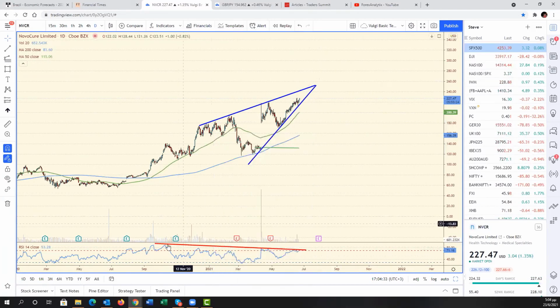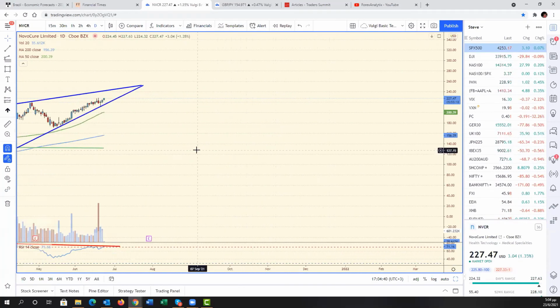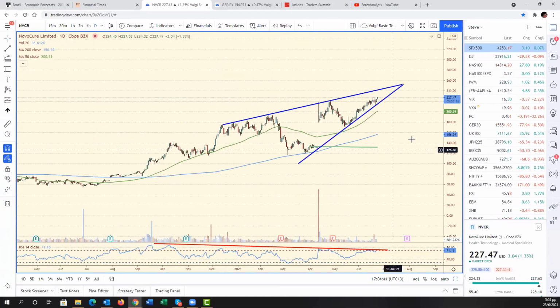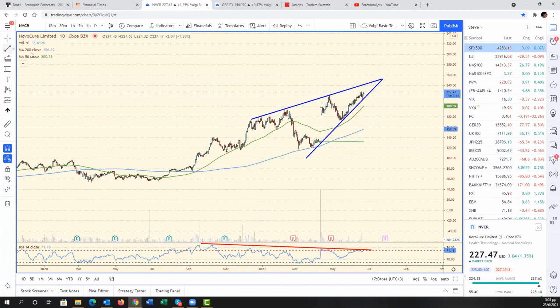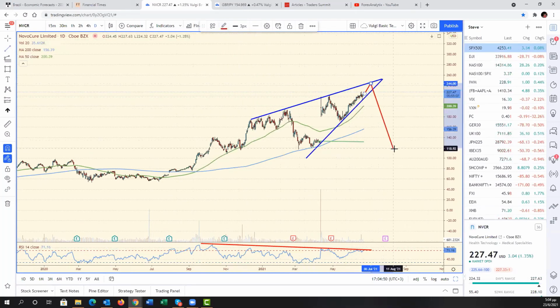Look at the RSI divergence as well, right? I wouldn't be buying it, I can tell you that much. This looks like it wants to do something like that, if you're asking me.